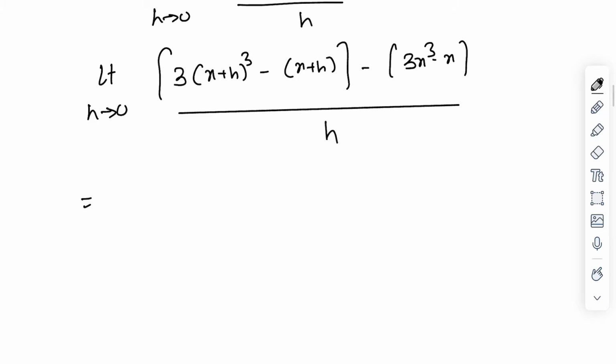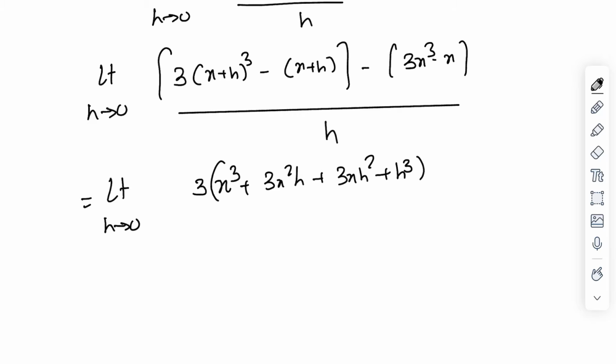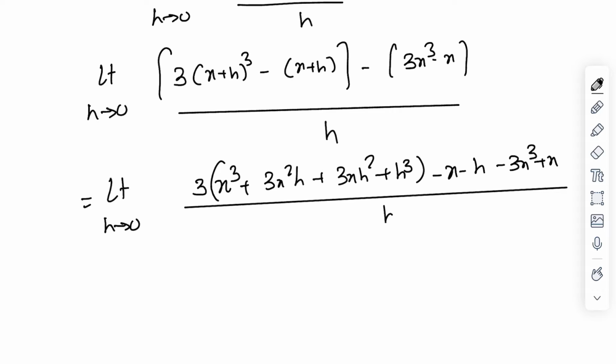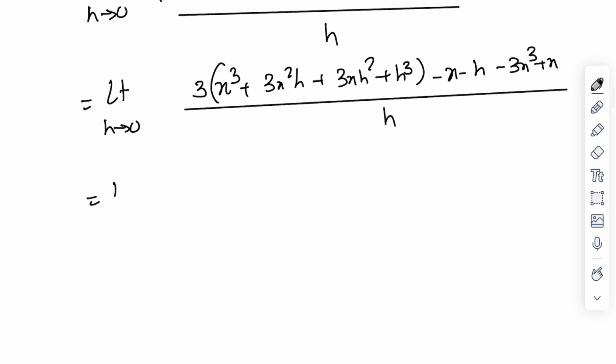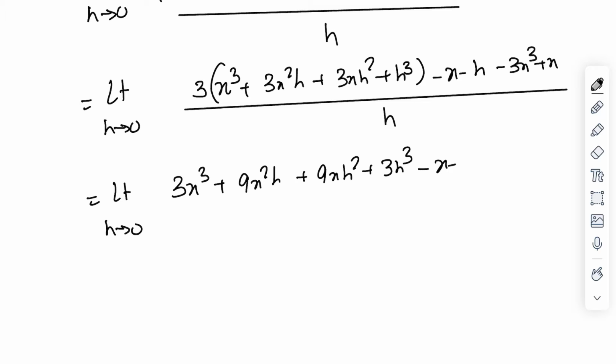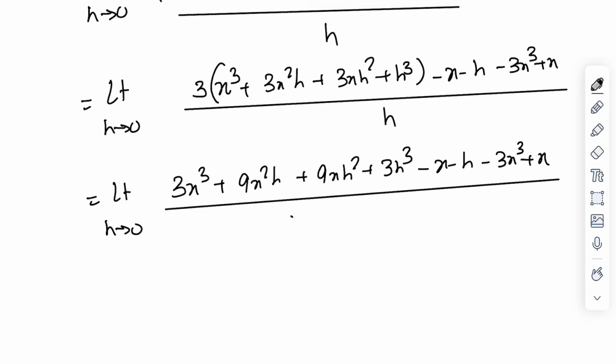When I expand this, limit h approaches 0, 3x cube plus 9x square h plus 9x h square plus 3h cube minus x minus h minus 3x cube plus x divided by h.